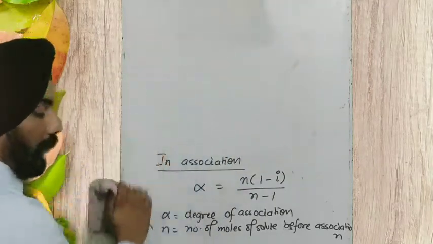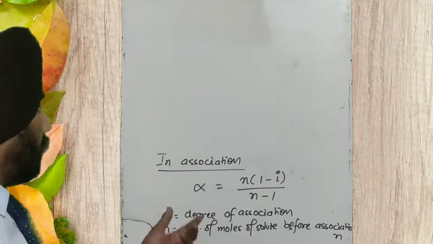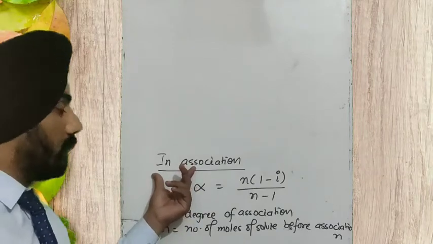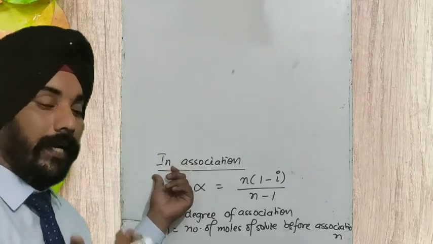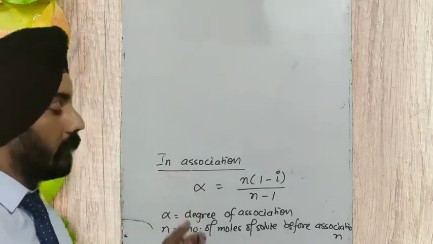And this formula you have to use only when the degree of association or dissociation is not 100%, it is less than 100%.